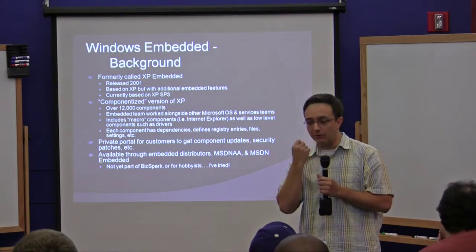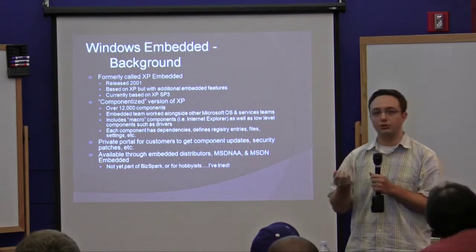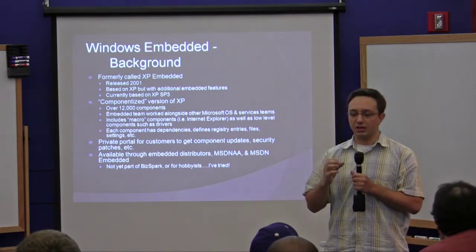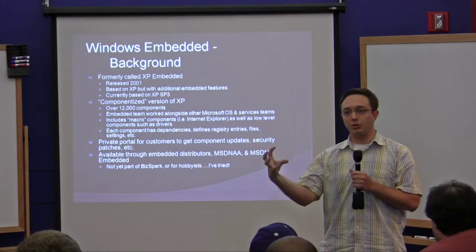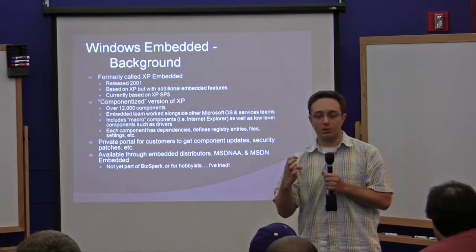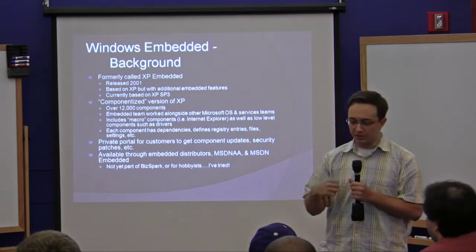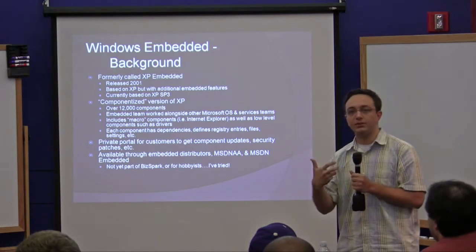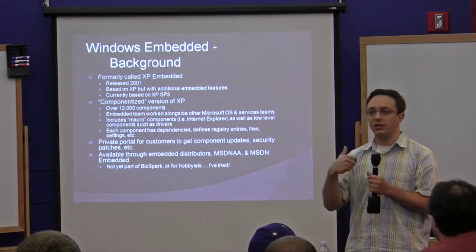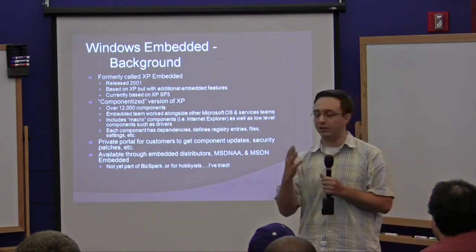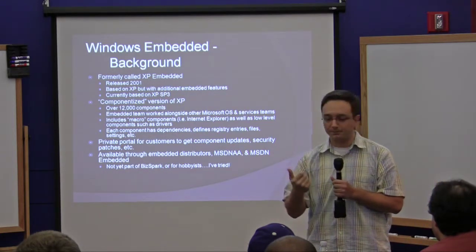There are different levels of components. There are the low-level components, which are your services and your drivers. And then there are what they call macro components, like Internet Explorer, which pull in a lot of different smaller components. And each component has dependencies, obviously. Internet Explorer depends on networking. It depends on the HTML rendering engine.